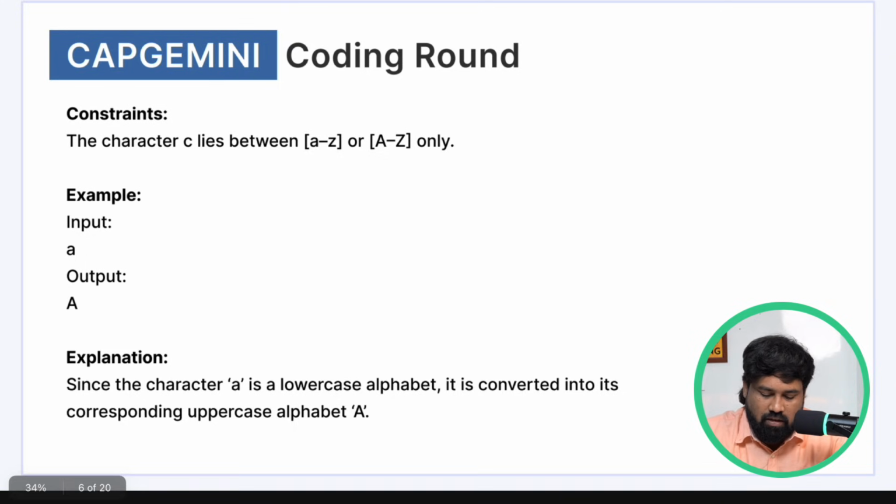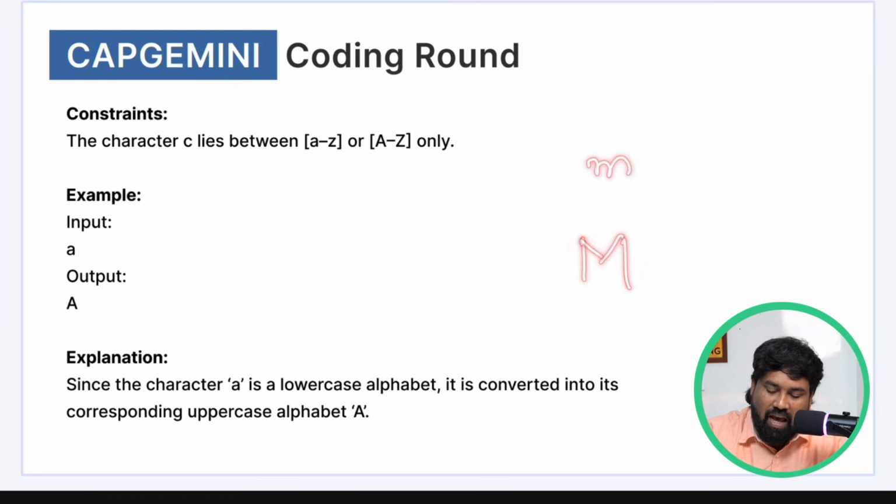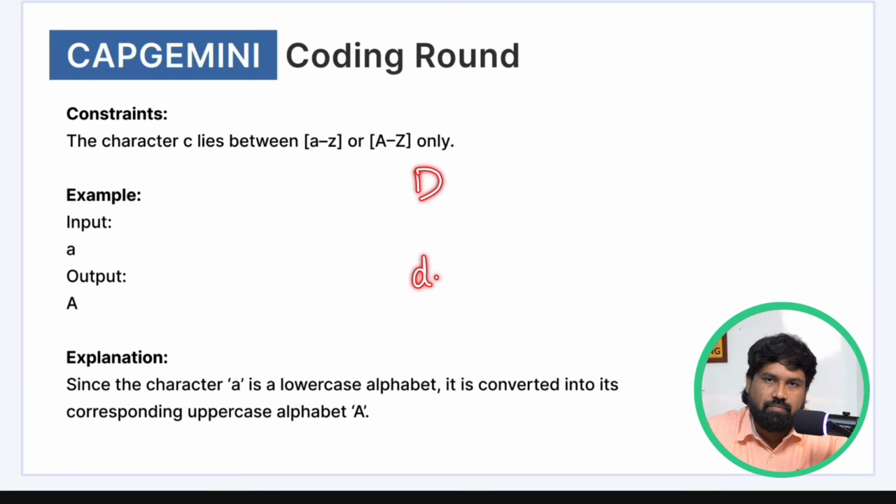Let's examine the input and output so that you can get clarity. If the input is small a, you need to convert it into capital A. If they give small c, you convert it into capital C. If they give small m, you convert it into capital M. If they give capital D, you convert it into small d.